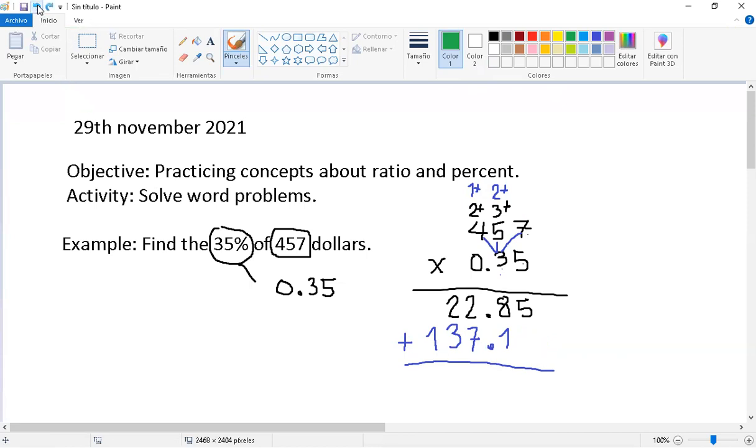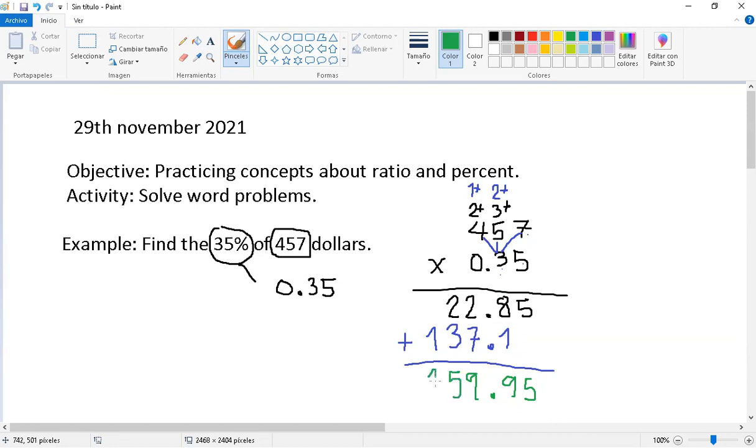Remember that you have to line up the answer on the second multiplication you do with the second number you are multiplying, in this case 3. Let's do the addition. 5 is 5. 8 plus 1 is 9, correct? The decimal point, 2 plus 7 is 9. 2 plus 3 is 5.